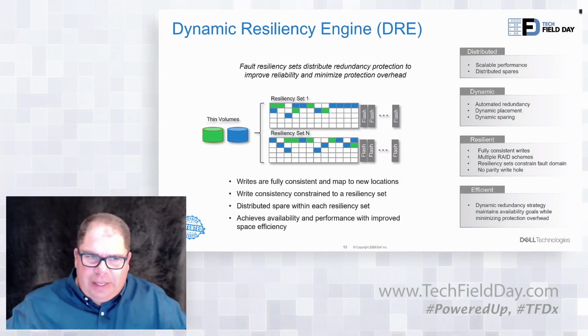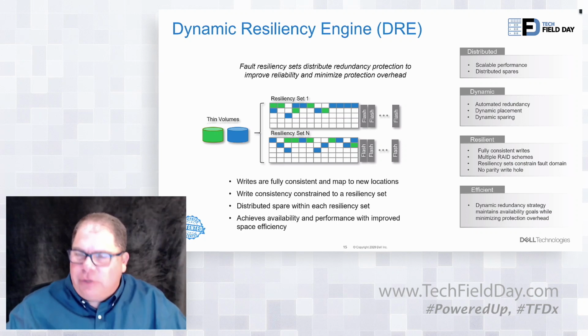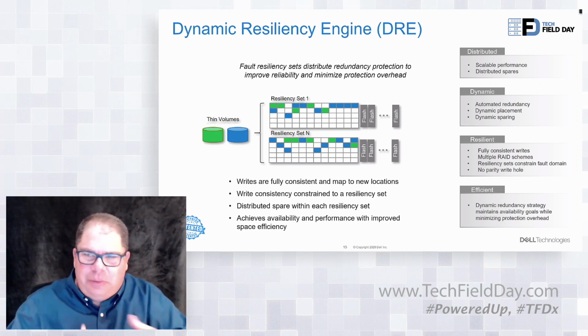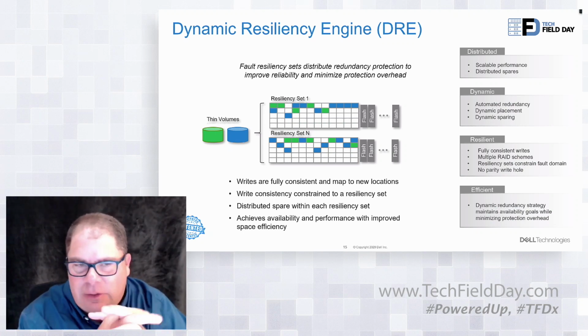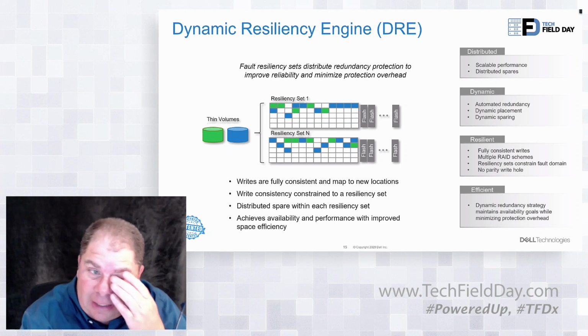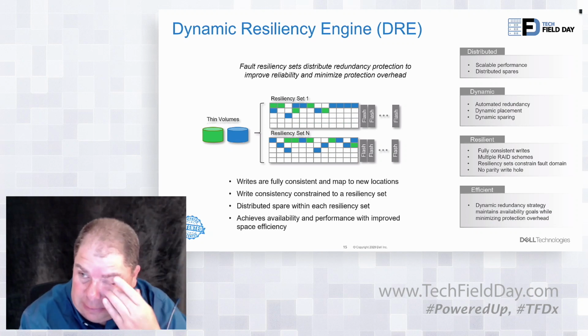When data is laid out, we only need single parity protection to meet our availability goals. Now, as the drives grow and your probability of encountering a drive failure increases, and it also increases based on the amount of data that you have written and the capacity of the drive, we'll actually allocate a second resiliency set.